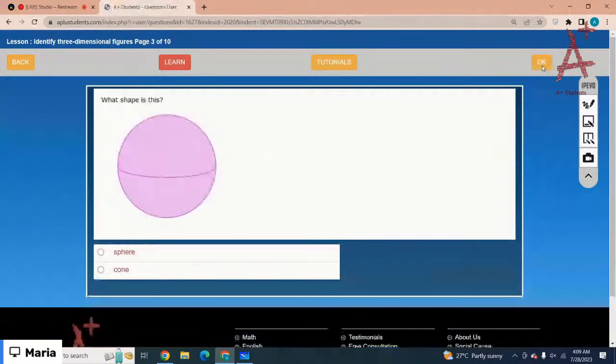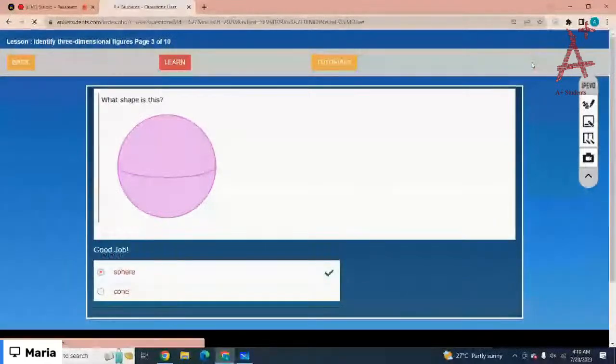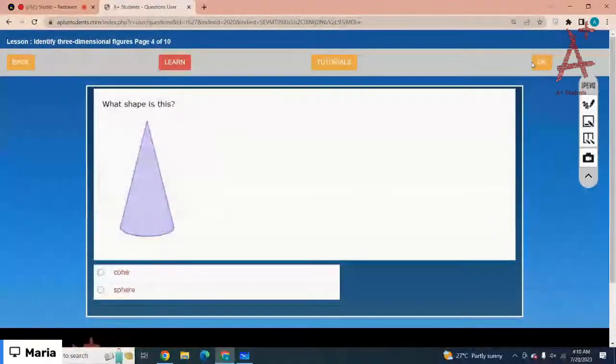What shape is this? This is a sphere. What shape is this? This is a cone.